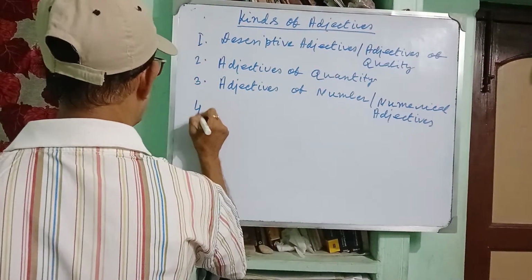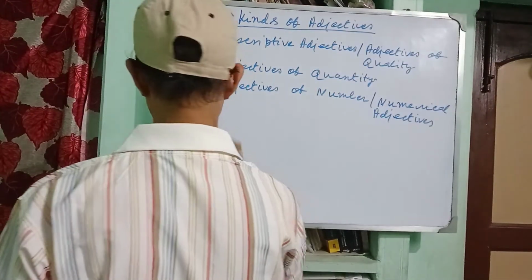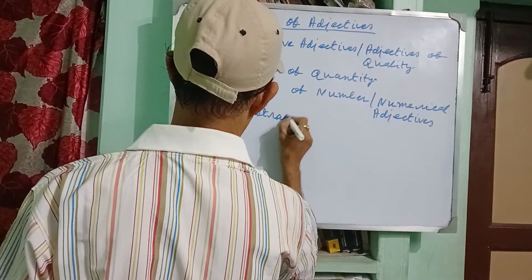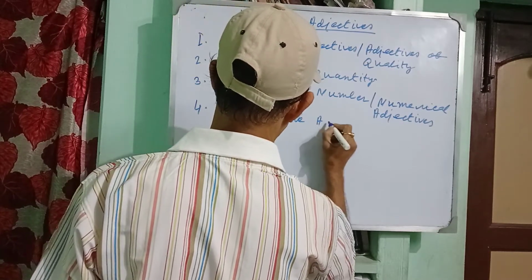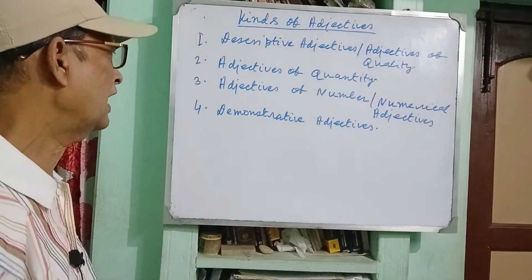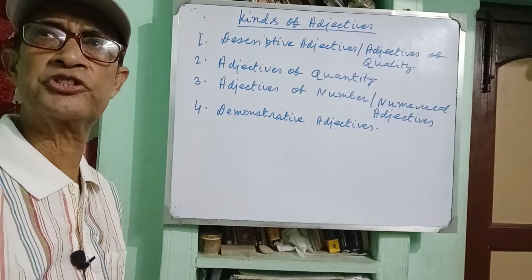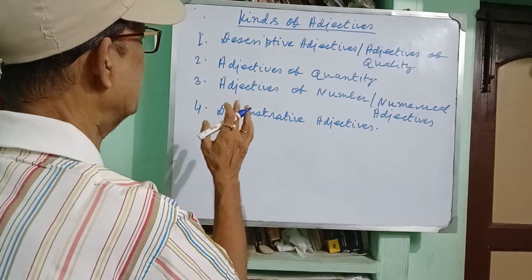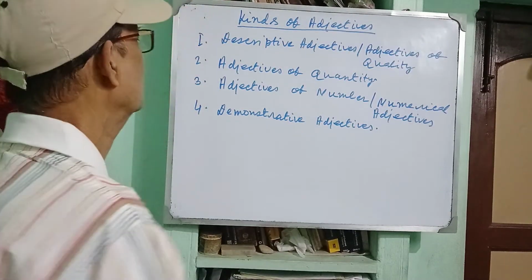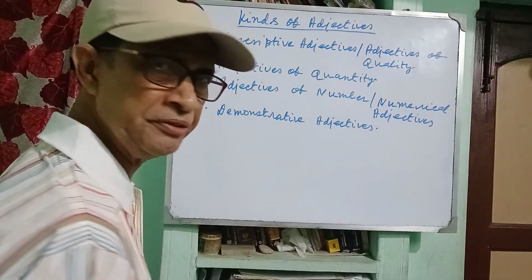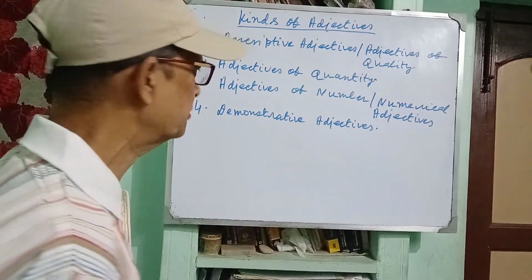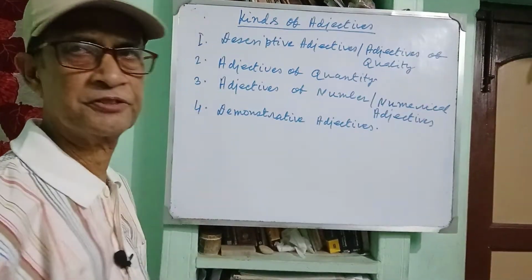Okay? Number 4, demonstrative adjectives. There are 4 kinds of adjectives. Descriptive adjectives, that are also called adjectives of quality, adjectives of quantity, adjectives of number, which are also called numerical adjectives, and demonstrative adjectives.